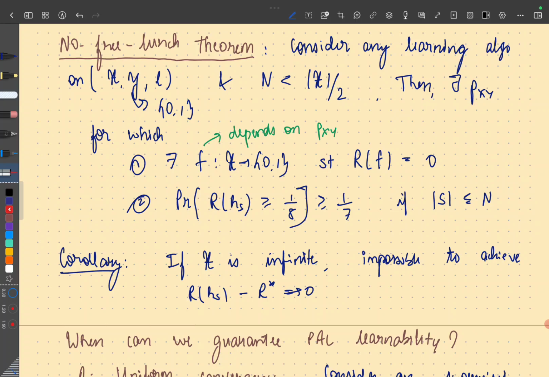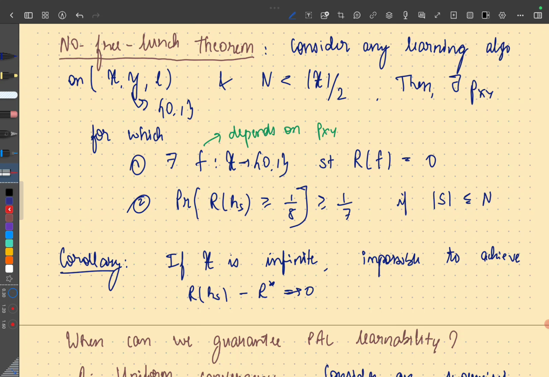You're right in that sense. So if you're trying to design a learning algorithm and your domain is infinite, then you should never choose your hypothesis class to be the set of all possible functions from x to 0, 1. You should restrict your hypothesis class.